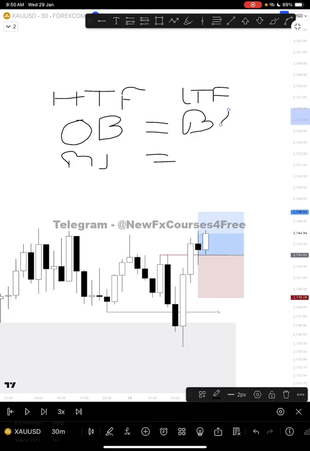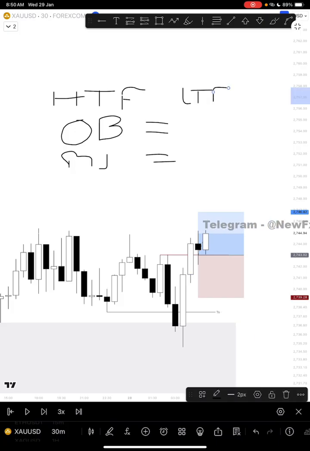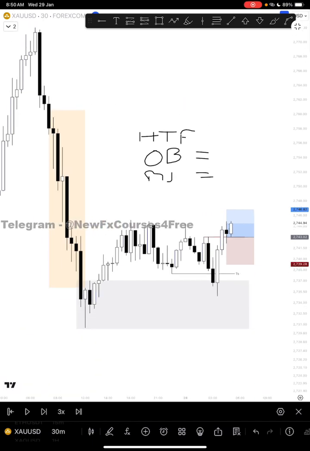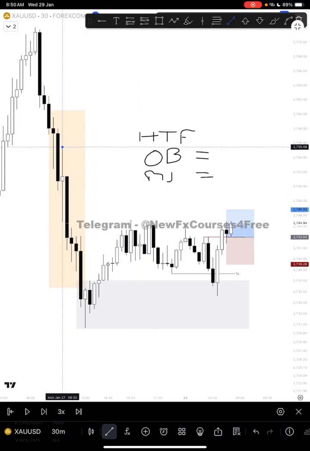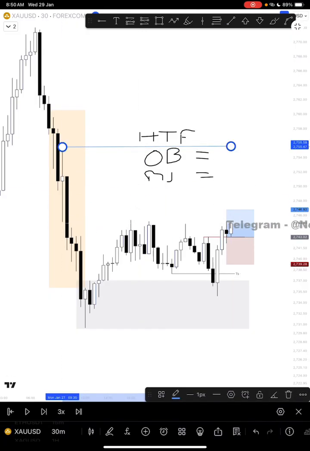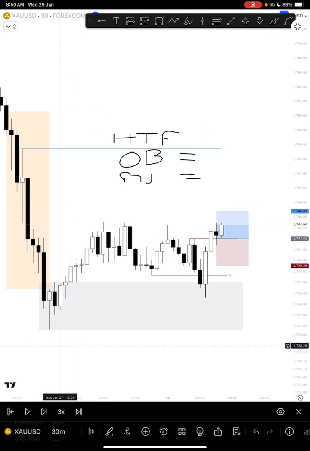Sorry, I'll draw that back. Okay. So you can see here, this our higher time frame rejection block is also our lower time frame order block.